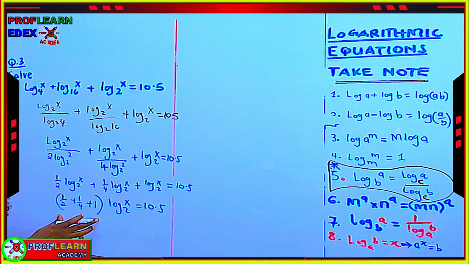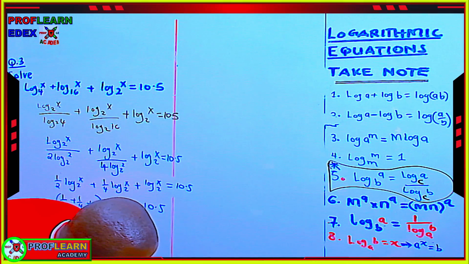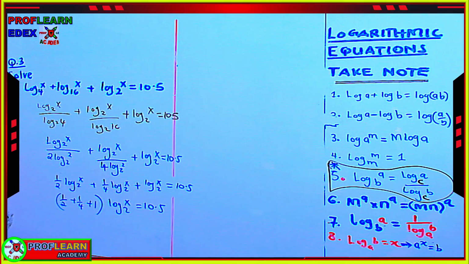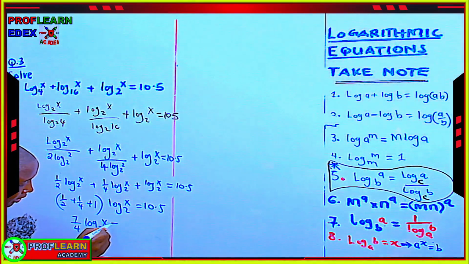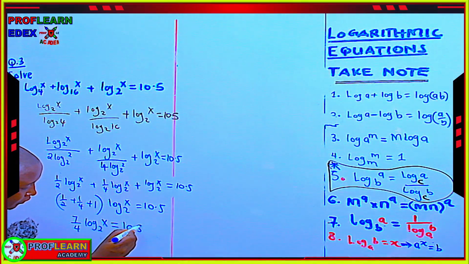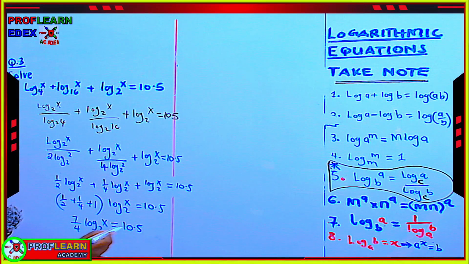If we add everything, it reduces to 7 over 4 log x base 2 is equal to 10.5. Then we multiply by 4 and divide by 7 on both sides.